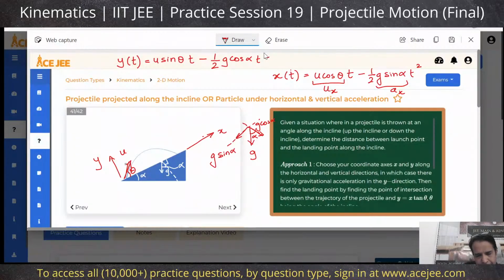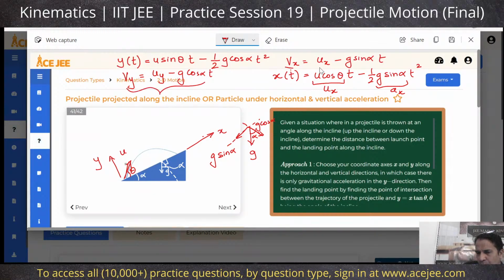If you are interested in finding the velocity component at a certain time t, then we can always use Vx equals ux minus g sin alpha t, and here we can write Vy as uy, which is u sin theta, minus g cos alpha t. Typically, we don't use this equation, but anyway, they might come in handy if the situation demands so.